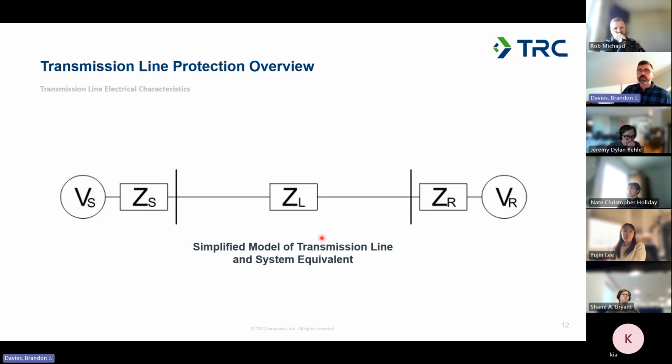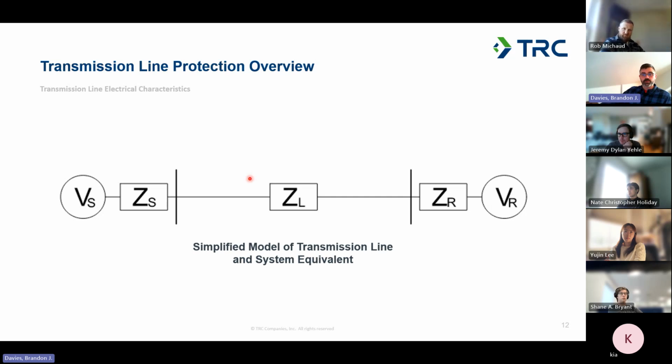But when you're looking at a line, basically you can boil it down to your transmission line connected between these two buses based on the vertical positions here, and you've got a Thevenin equivalent source on either end. So you've got a sending and receiving end source, and in between that source you have your transmission line model, your impedance.